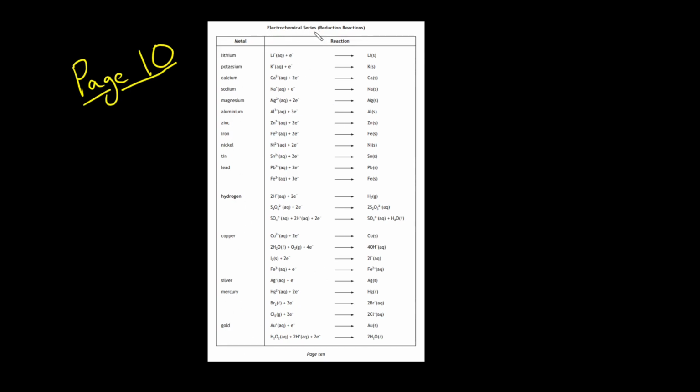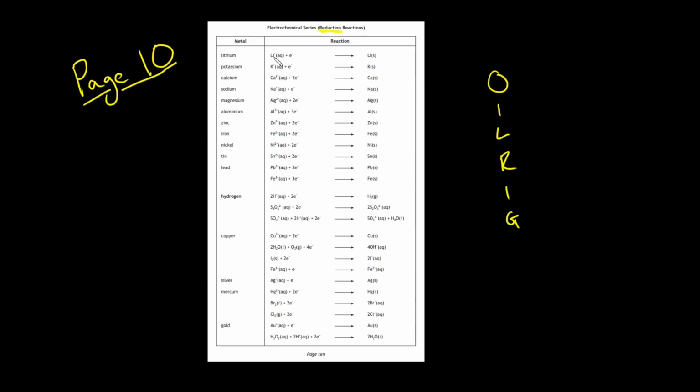This is called the electrochemical series, and within the table we have got all of these little reactions, sometimes called half reactions, and they are all an example of reduction reactions. Every single one of these reactions is a reduction. Remember what we said earlier, OIL RIG, oxidation is loss, reduction is gain. So all of these chemicals are gaining electrons.